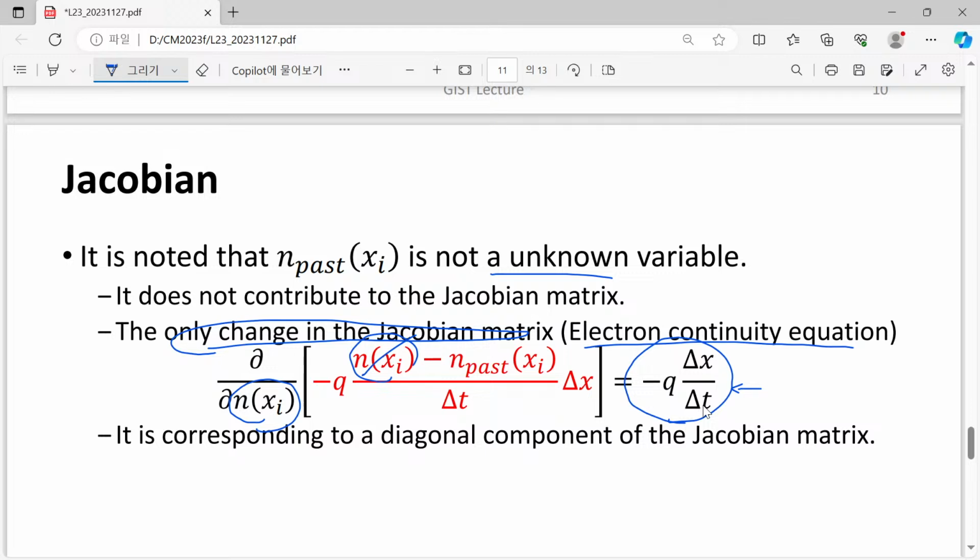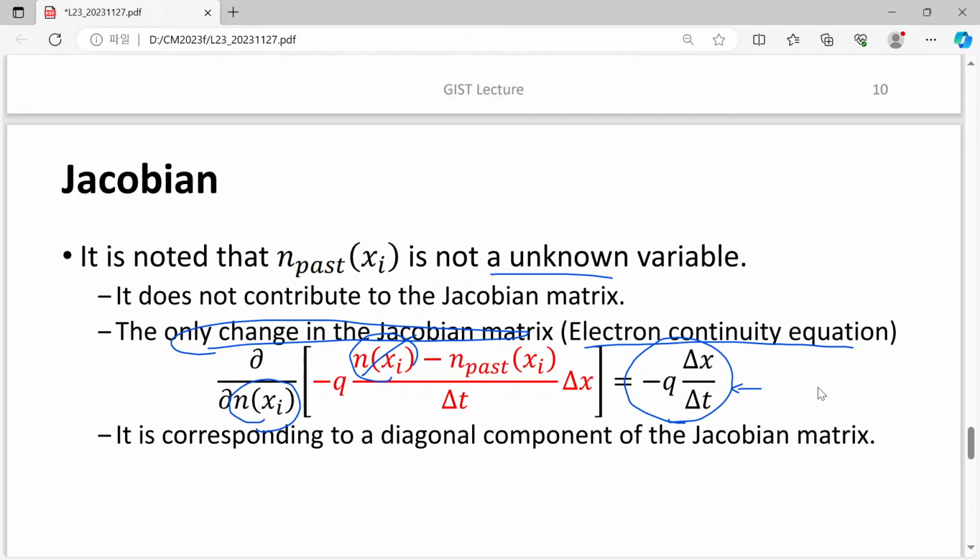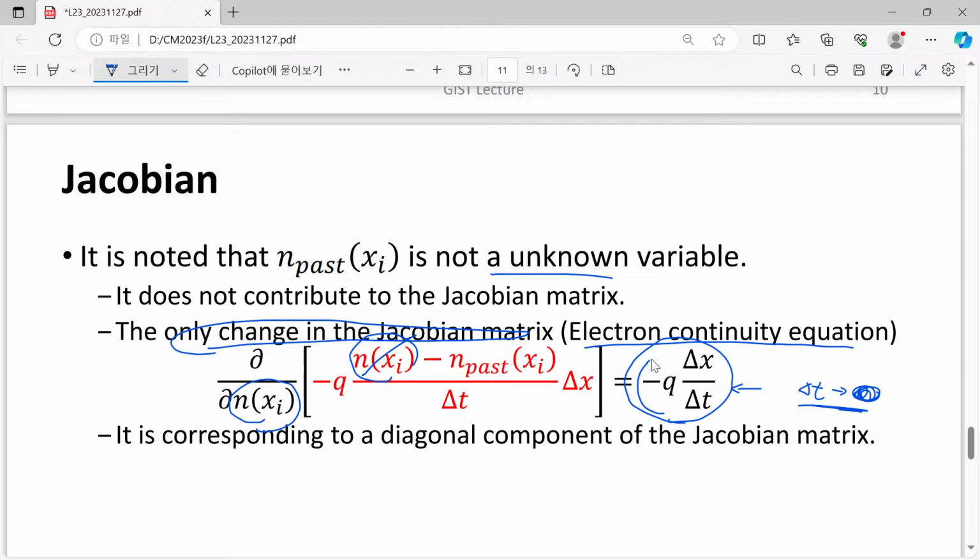So that's it. This contribution increases when delta t goes to 0. When you have a small delta t, the contribution of this time derivative goes up.